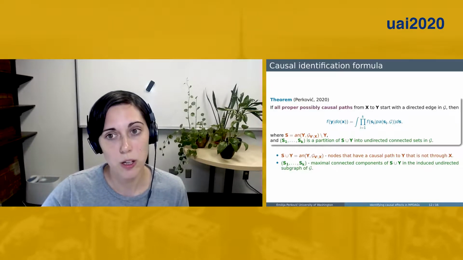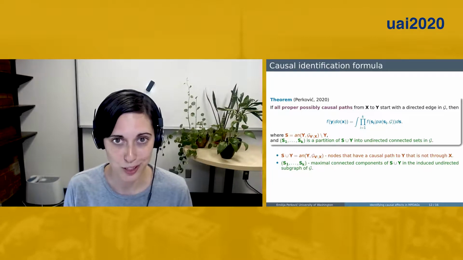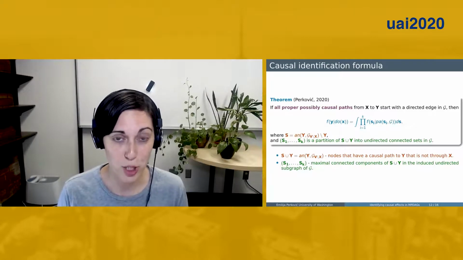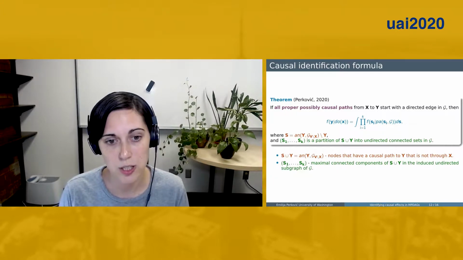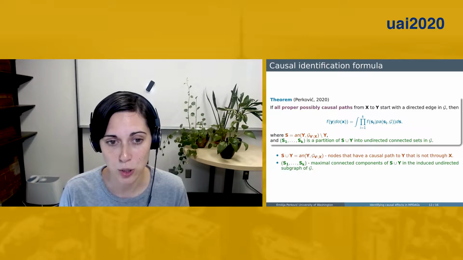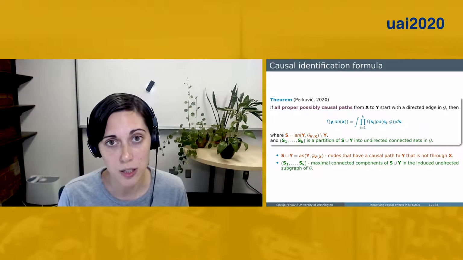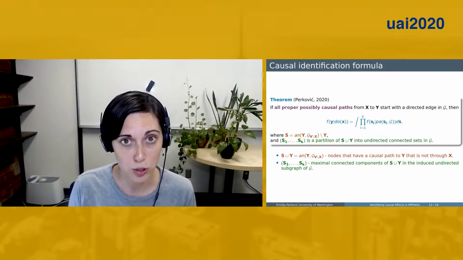So this formula looks something like this, and I will not explain it in detail, but just to mention a few things. The part in purple is a necessary condition for this causal effect to be identified in the first place. And then in blue, we have this decomposition into an observational distribution.